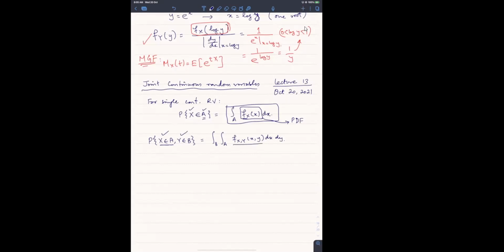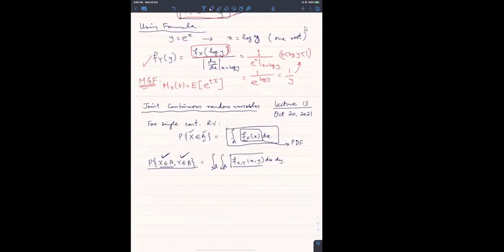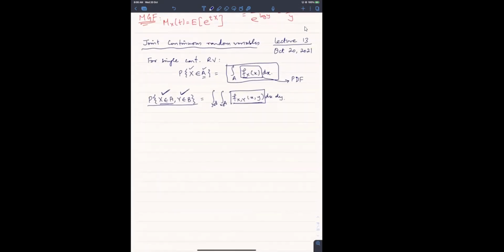If there is a function f_XY which satisfies this equation for every A and for every B, such that the probability that x belongs to A and y belongs to B is given by this integral, then just like in the case of a single random variable, where we defined fx(x) as the probability density function of x, similarly, this function is called the joint PDF, the joint probability density function of x and y.